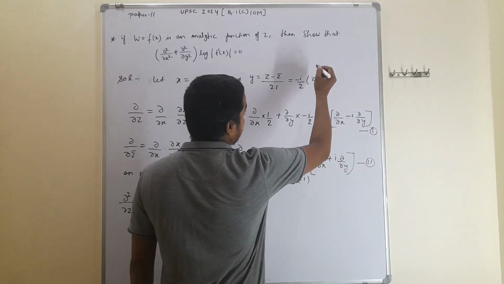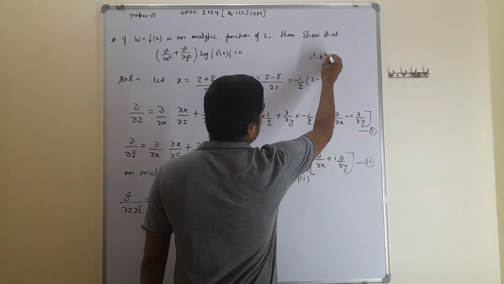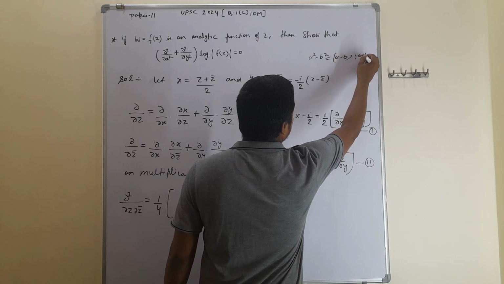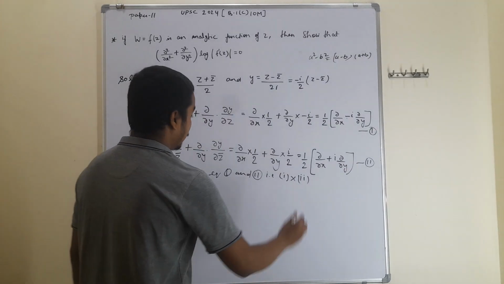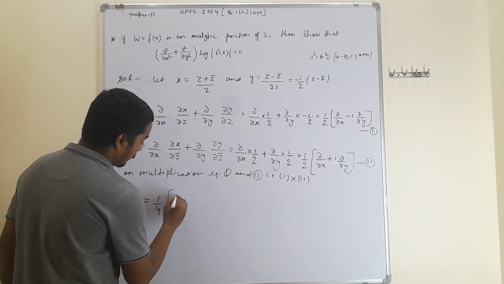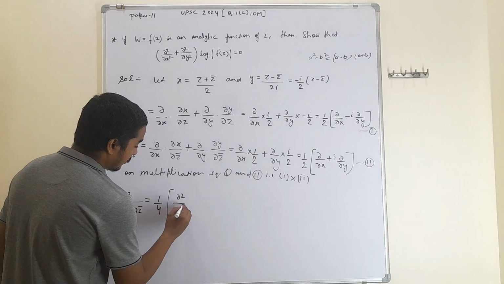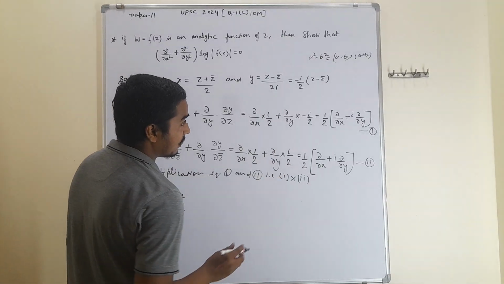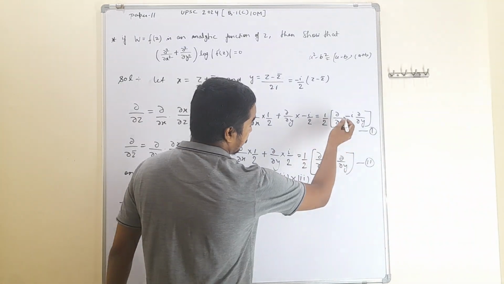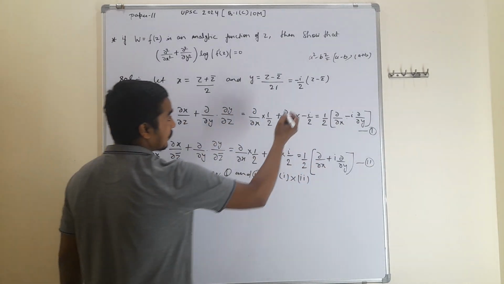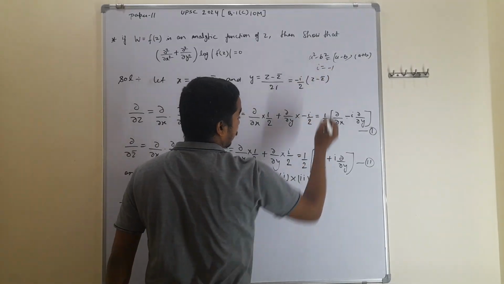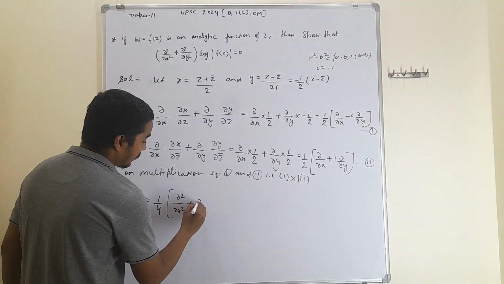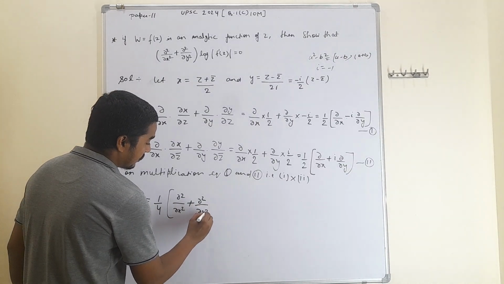Using the formula a² − b² = (a − b)(a + b), we get ∂²/∂x² minus i² ∂²/∂y², and i² is minus 1, so it is plus ∂²/∂y².